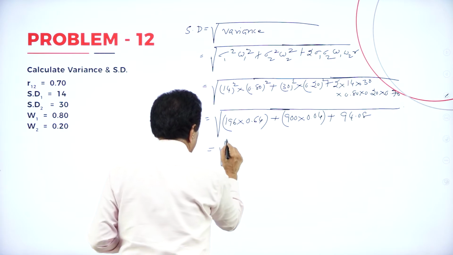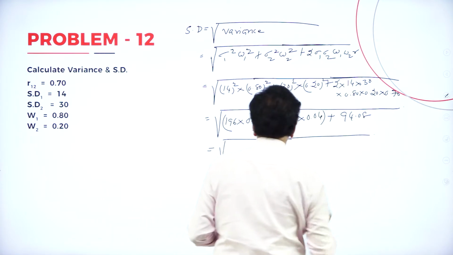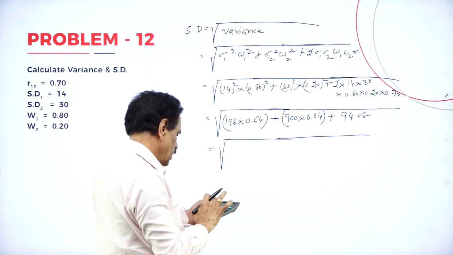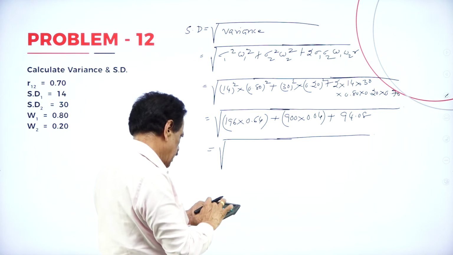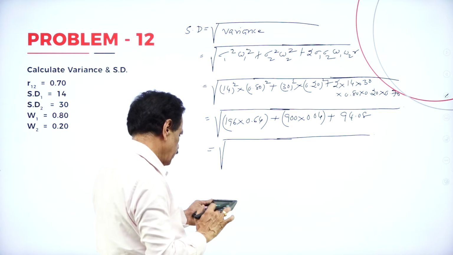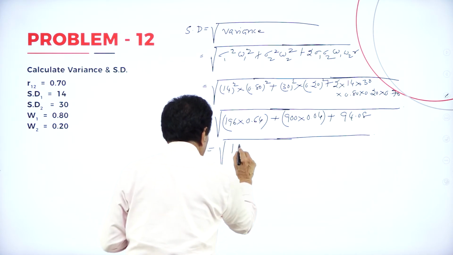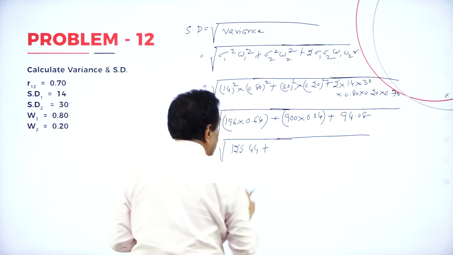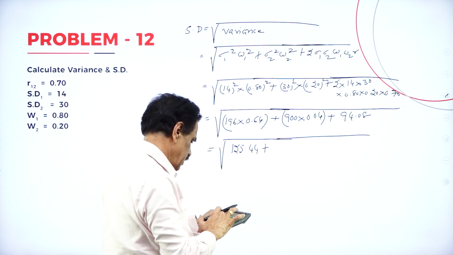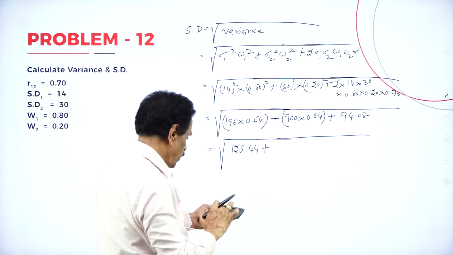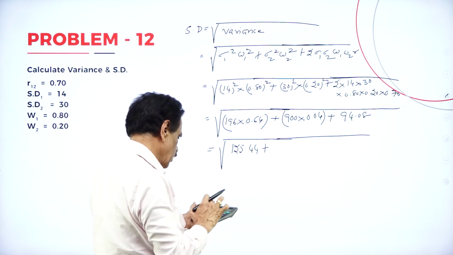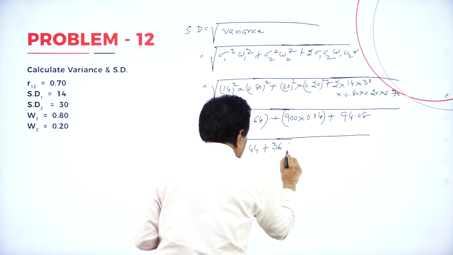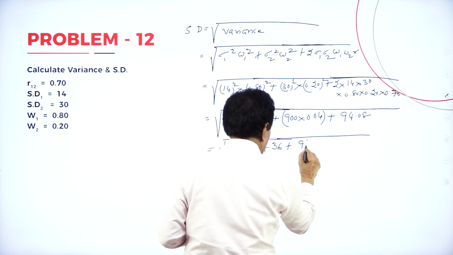Root of 196 into 0.64, 125.44, plus 900 into 0.04, 36, plus 94.08.